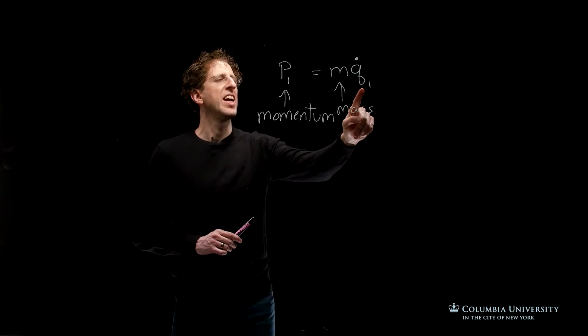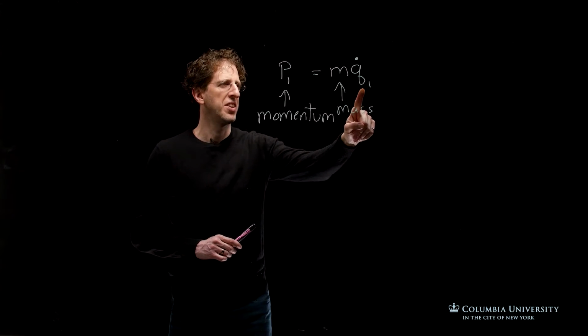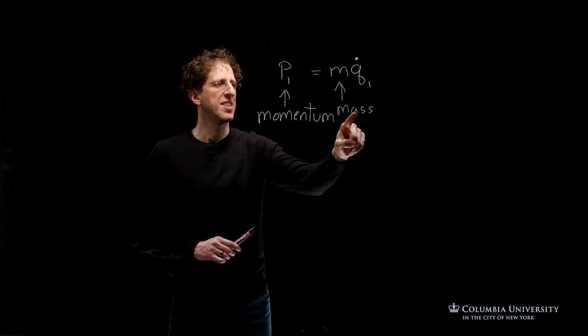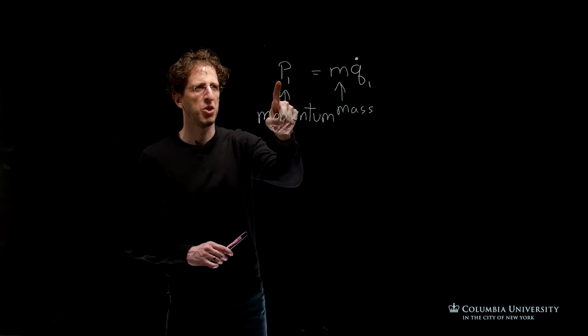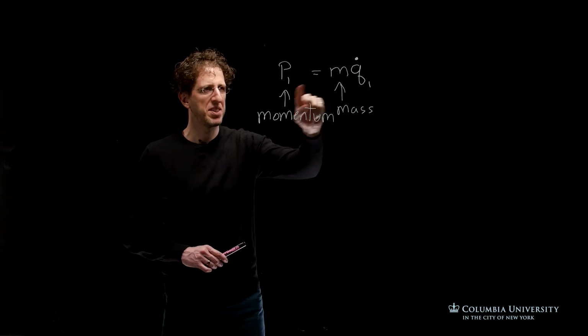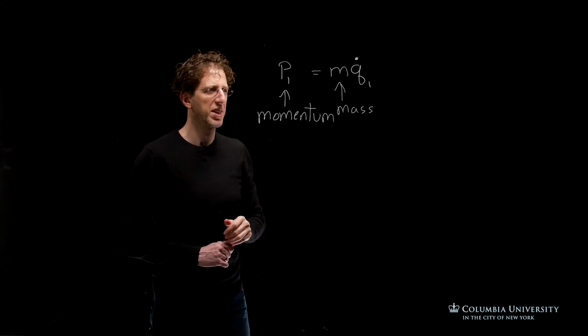So for a given velocity, say 1 kilometer an hour, if the mass is large, I will have a larger momentum. If the mass is small, I will have a smaller momentum.